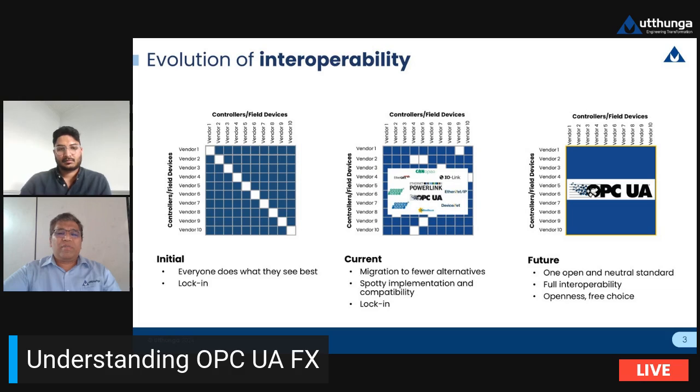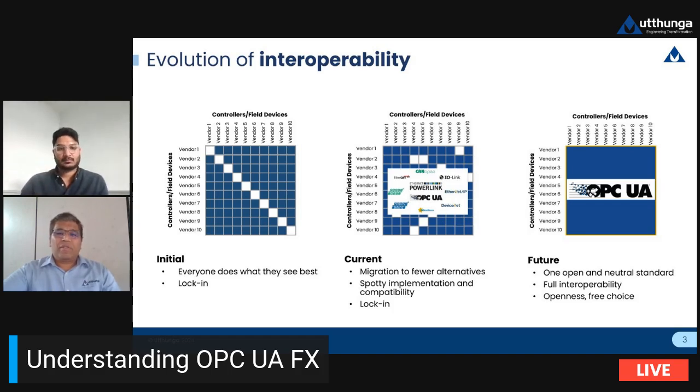And slowly, some of these vendors, whatever the specific communication standard that they have been using, have been making it public and made it available through consortiums, and different companies started being part of these consortiums, maintaining these standards.